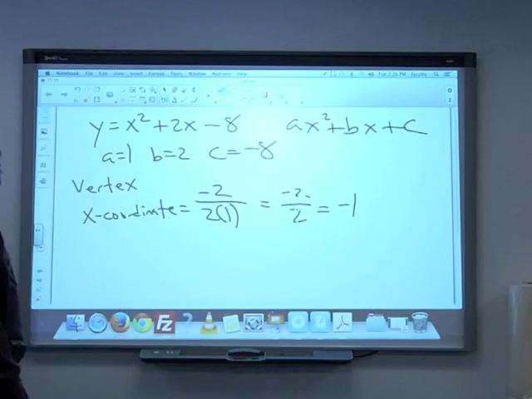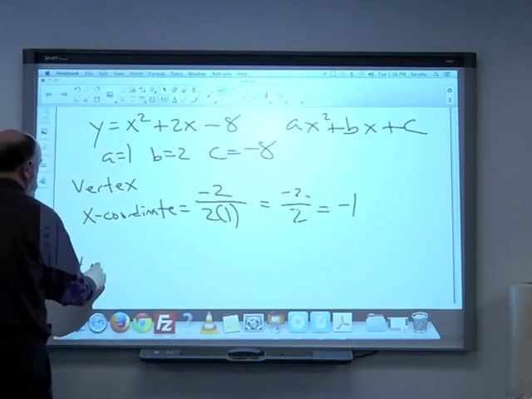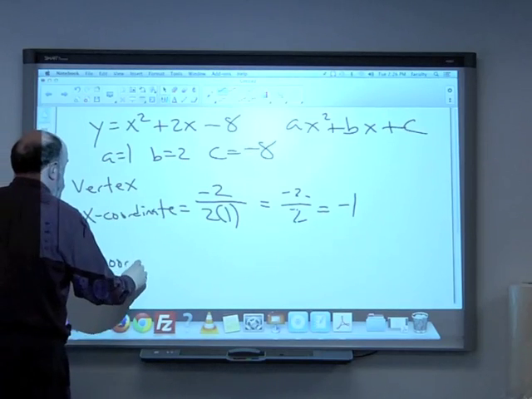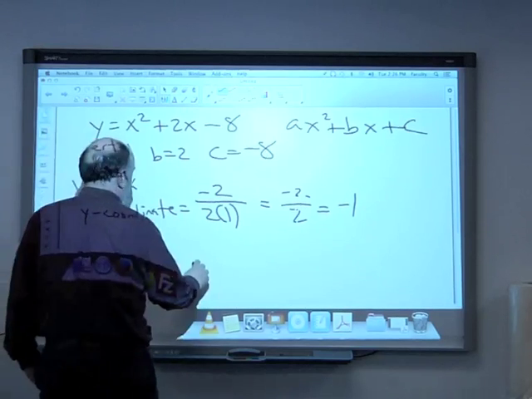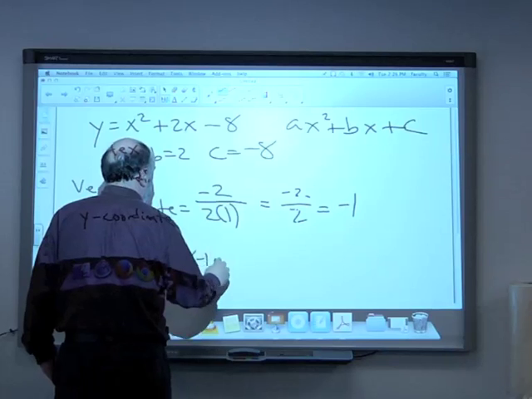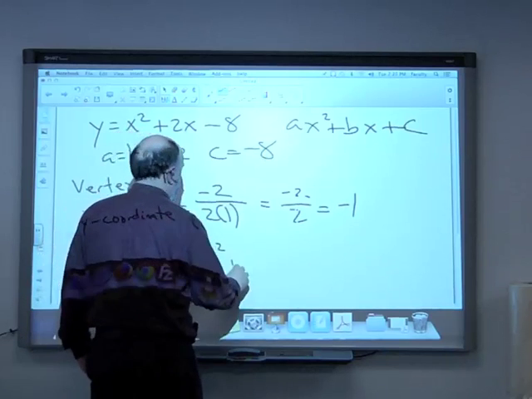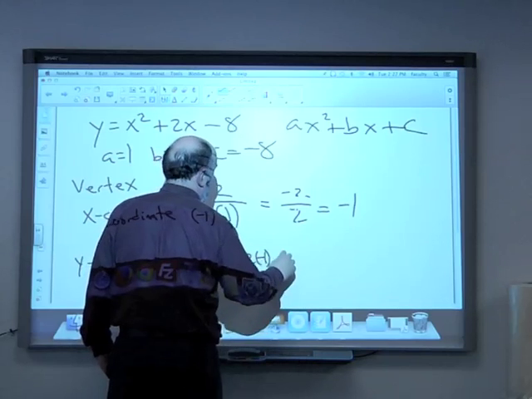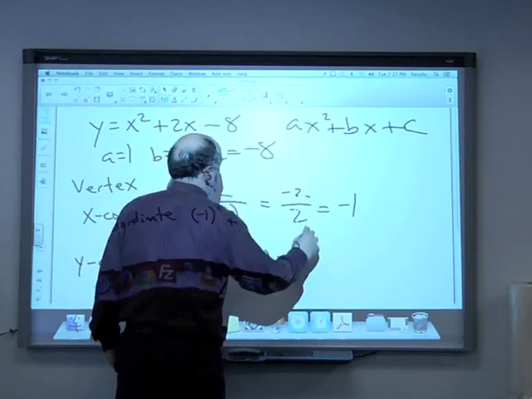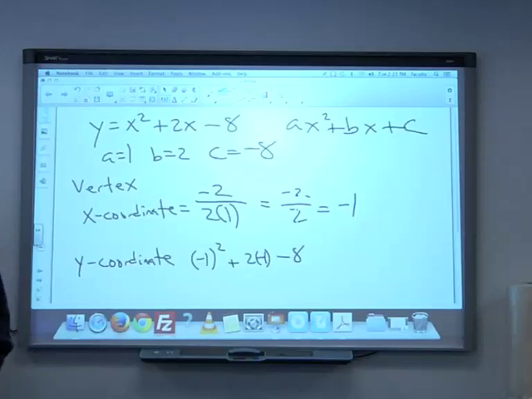So my y-coordinate will be given by minus 1 squared plus 2 times minus 1 minus 8. Minus 1 squared is 1.